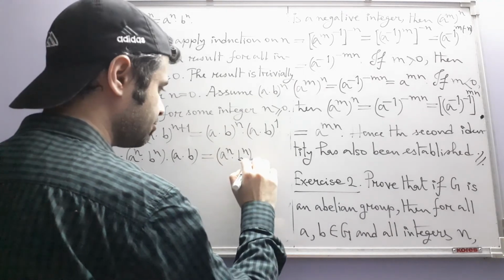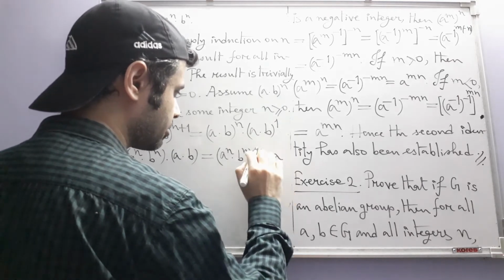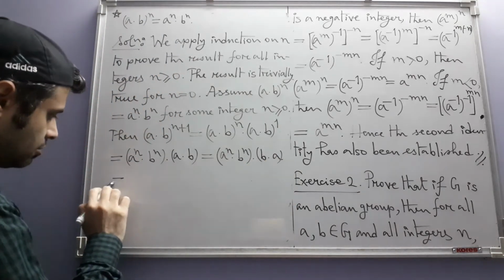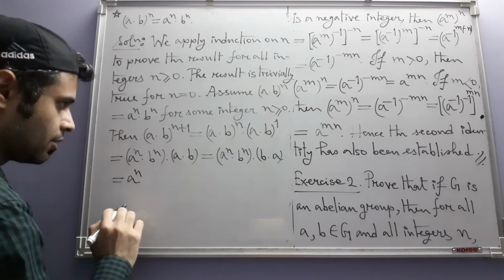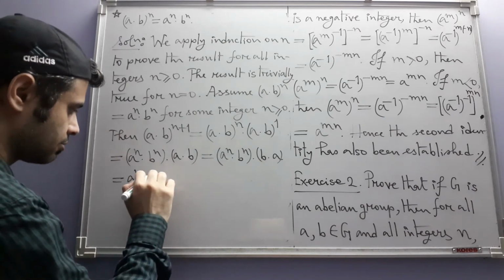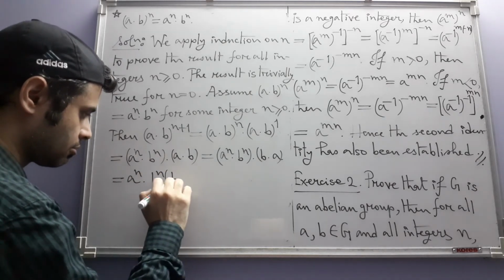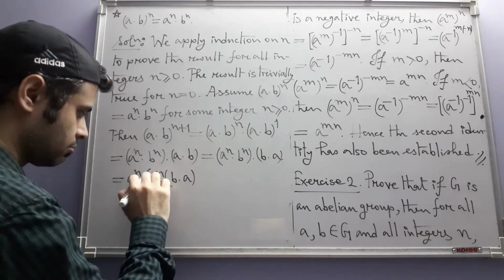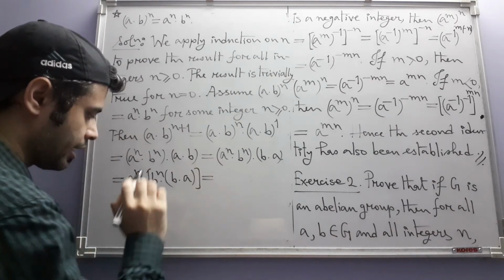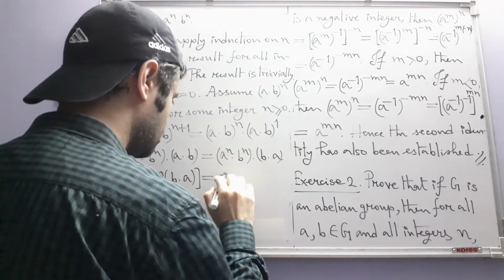So in place of a dot b, we can write b dot a. One application of the associative law gives us this. Another application gives us this.